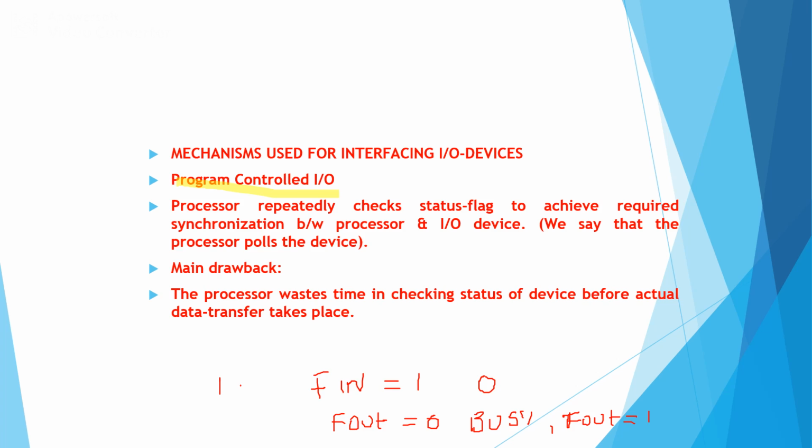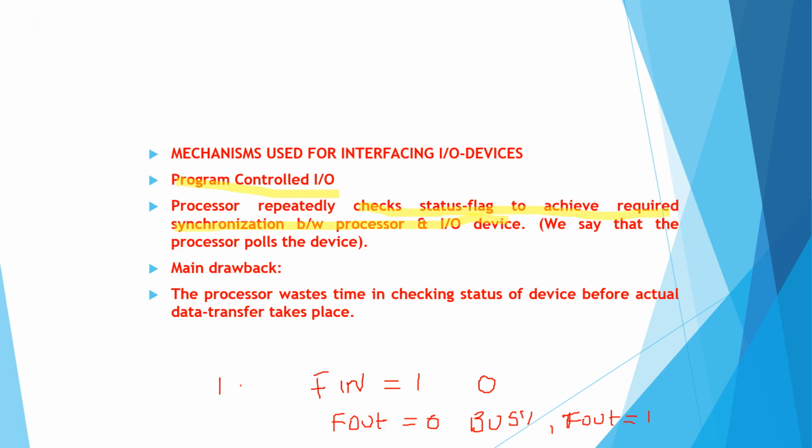In the case of the program controlled IO technique, the processor repeatedly checks the status flags to achieve the required synchronization between processor and IO.